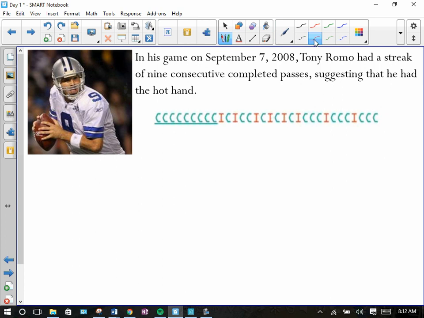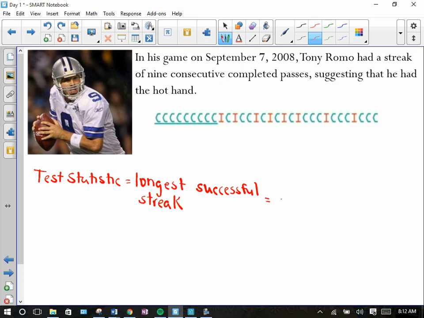The test statistic equals longest successful streak. So in this case, it is 9.